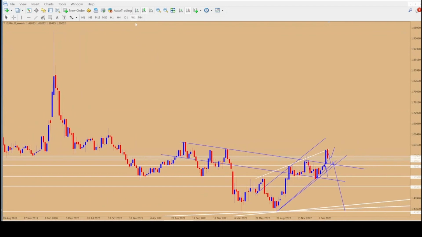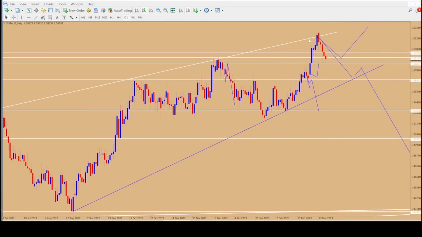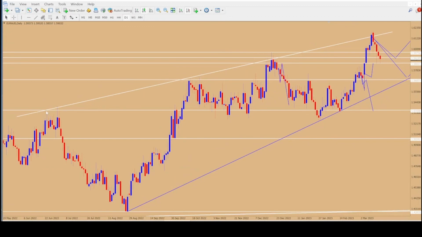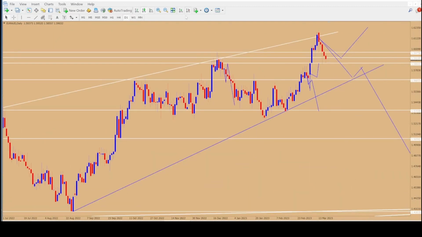And from my prediction last week, if you go back to the last week video, you would see my prediction, right? I told you about this diagonal resistance right here. I think I picked it from the weekly and made it clear on the daily.